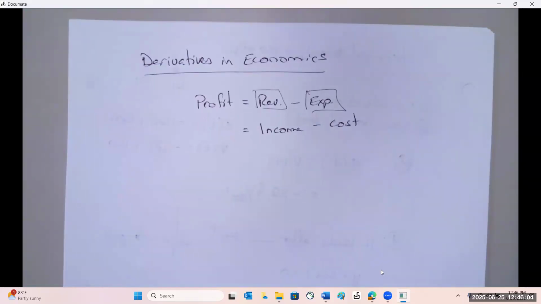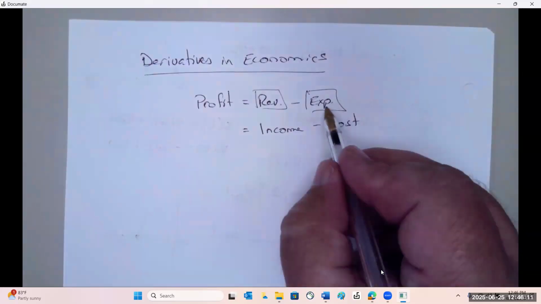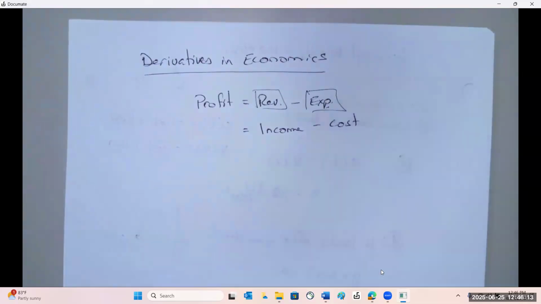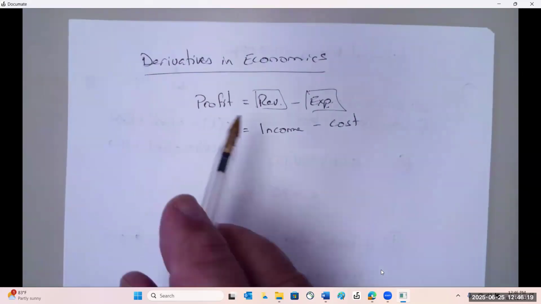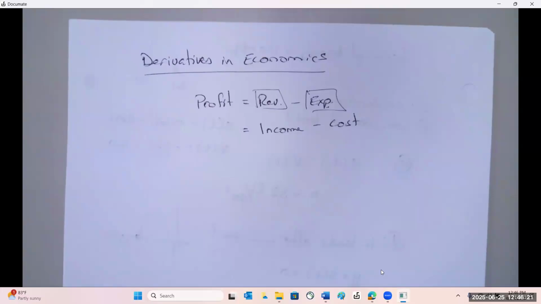Money coming in, but money coming in after what? You spend your taxes and things, but those are your expenses. Your rent, your insurance, your electricity, your water. So that is what differentiates your profit.